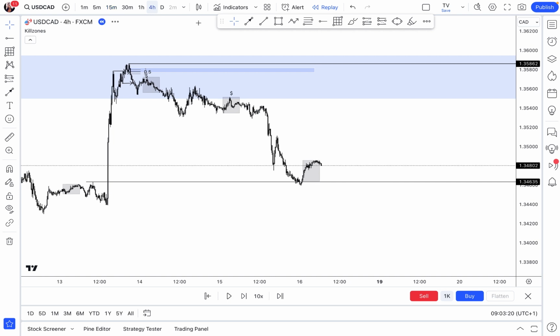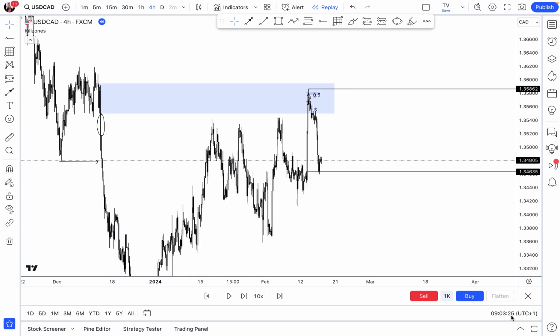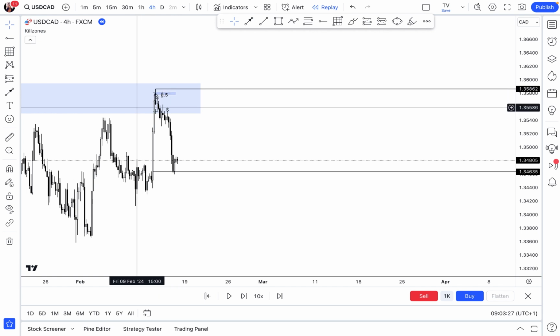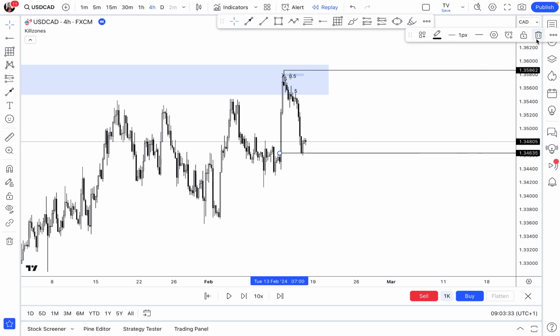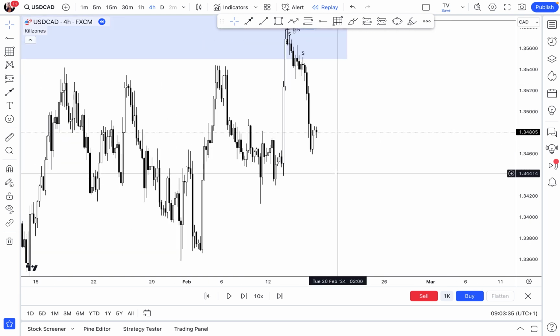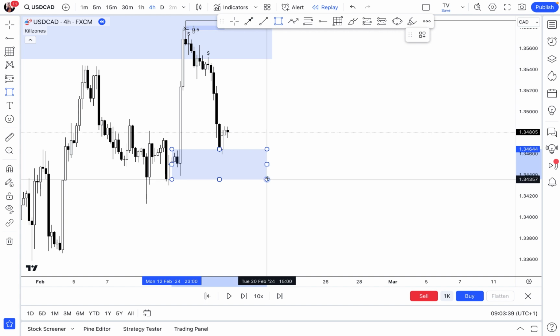Okay, so let me now show you a trade where, if one should miss out on the previous trade, there's another trade that one could have gotten into. So at this particular point in time, you can see the market traded into this level of demand right here.